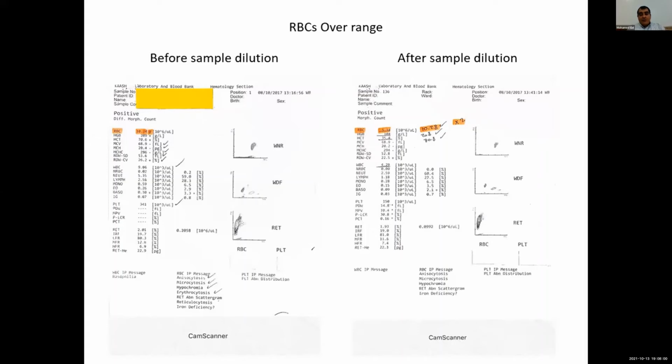We use here the least dilution, which is 1+1. We did 1 in a total volume of 2, and the resultant RBC count is 5.14, meaning 5,000,000.1, and this result was multiplied by the dilution factor, which is 2, and finally the result is reported to the clinician.